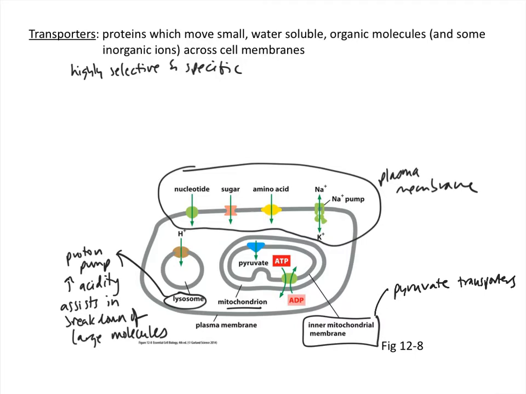There's also an ATP transporter. As the mitochondria produce large quantities of ATP, then ATP needs to be shuffled out and transported into other parts of the cell. And so this depiction is showing the transporter on the inner mitochondrial membrane.